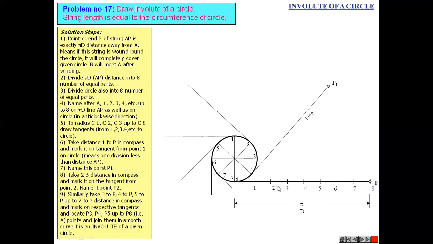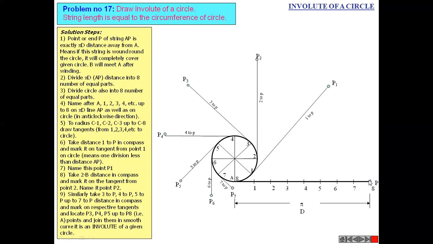Next, in the compass, we have to take the distance from point number 1 to 8. This distance we have to take into the compass, and from point number 1 we have to cut the arc onto this tangent line, and that will be my point P1. For P2, we have to consider the distance 2 to P. Similarly for P3, P4, P5, P6, P7, and P8, that means point number 8.